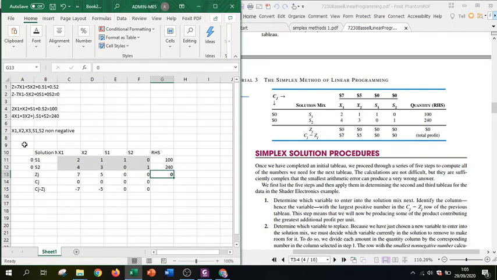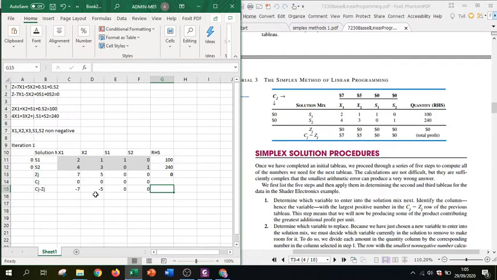In the first iteration, we find the objective value of the objective function is 0, and then we check Cj minus Zj.